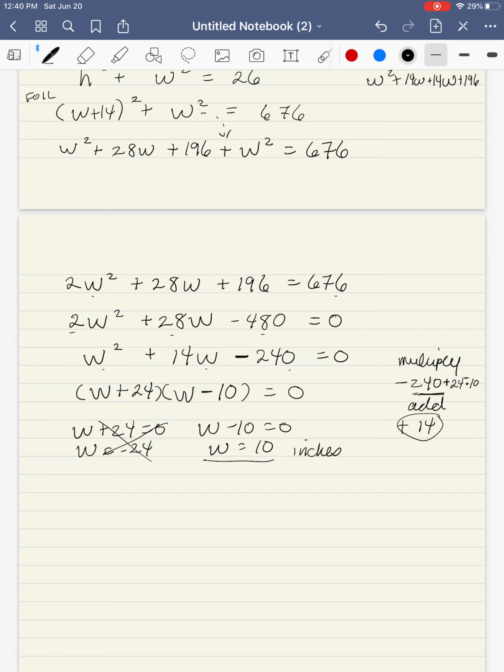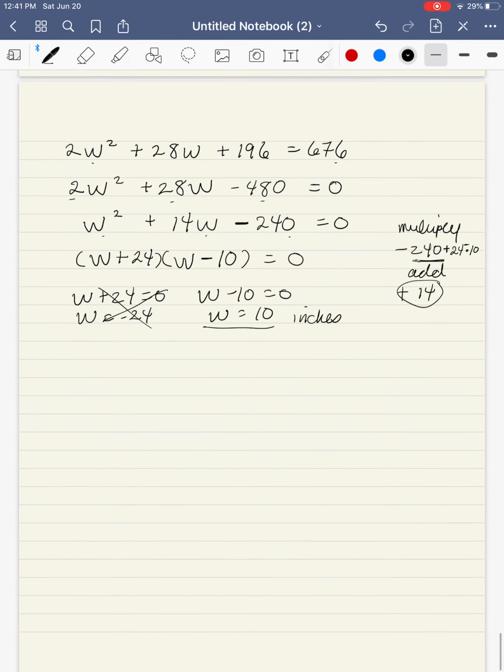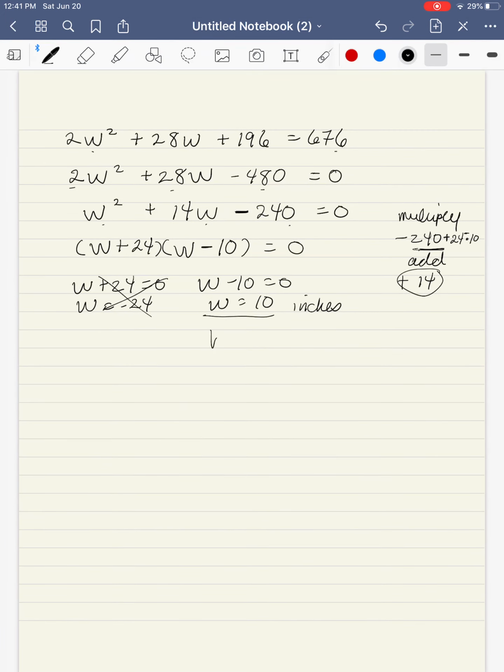So w equals 10 inches. And then I go back to where I substituted and found out what h was in terms of w. So h equals 10 plus 14, which is 24 inches. And I have solved my problem.